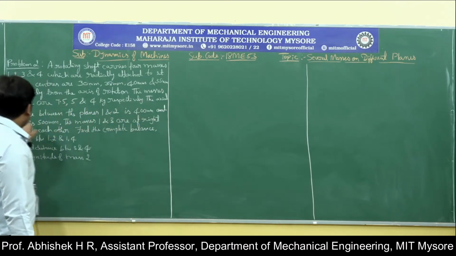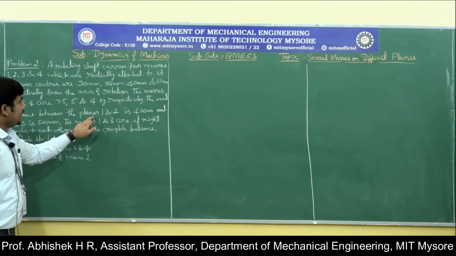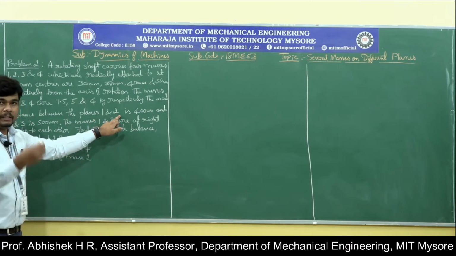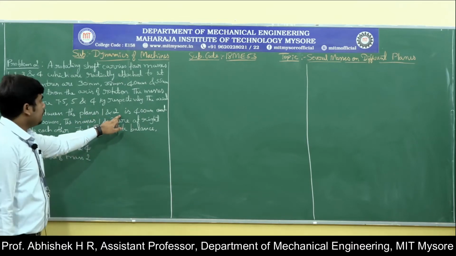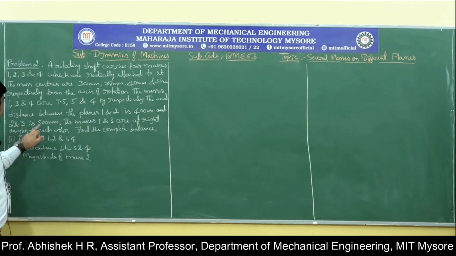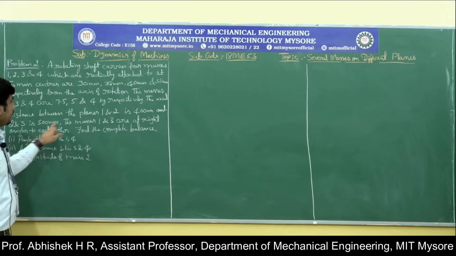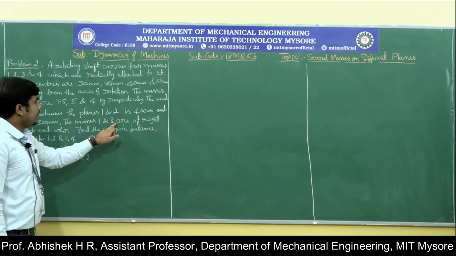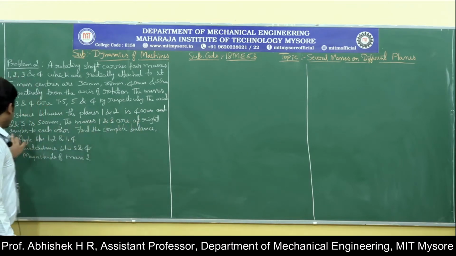The axial distance between planes 1 and 2 is 400 mm, and between 2 and 3 is 500 mm. The masses 1 and 3 are at right angles to each other.